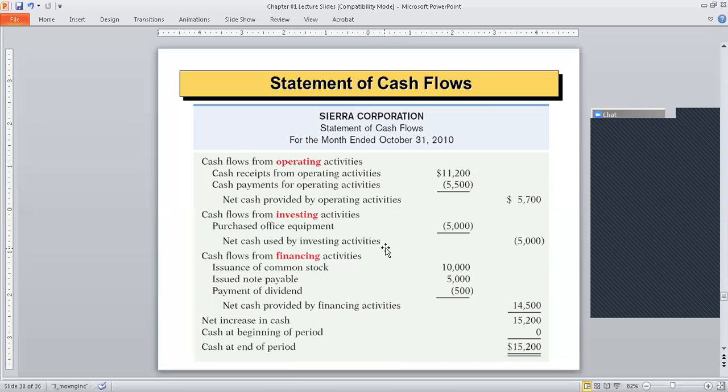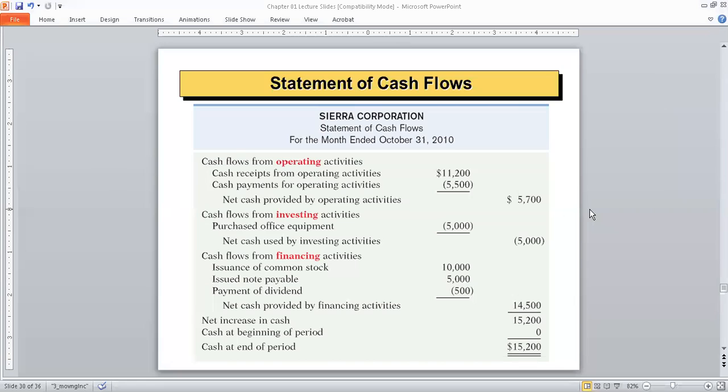But you'll note that the statement of cash flows is one of the few financial statements that makes heavy use of items in parentheses, right?